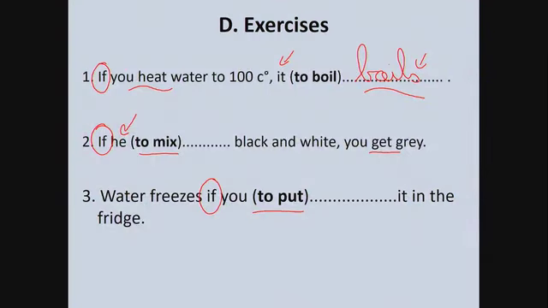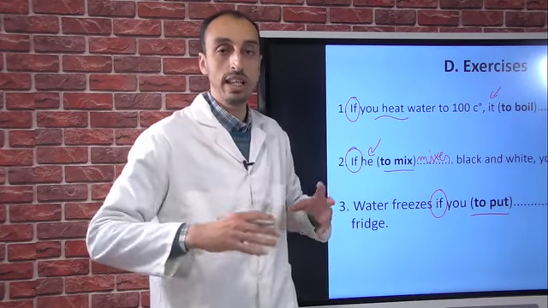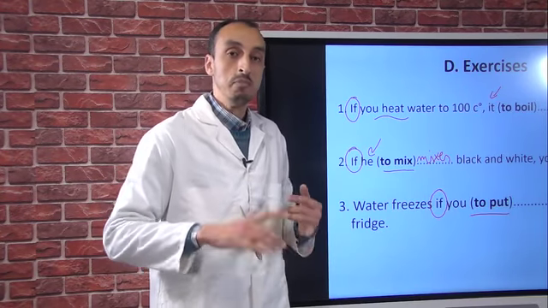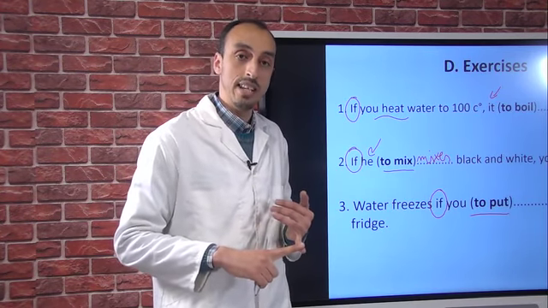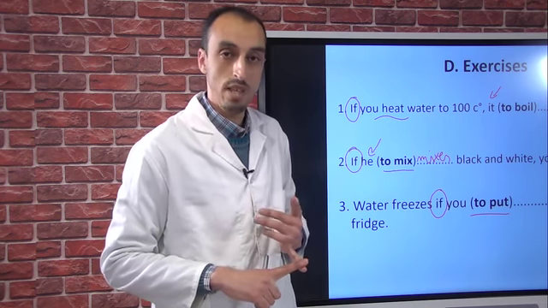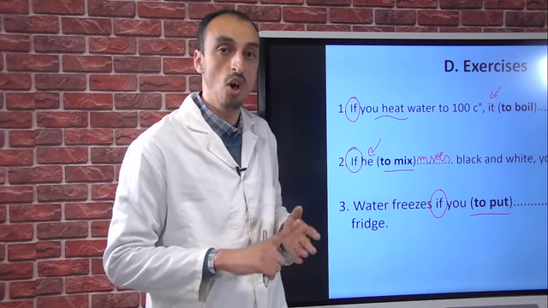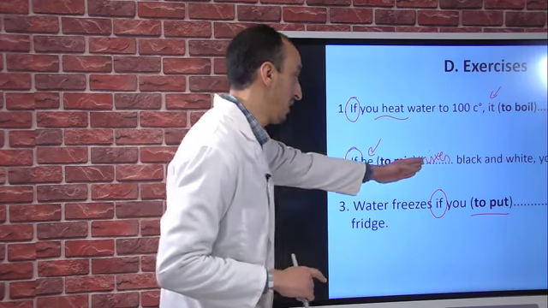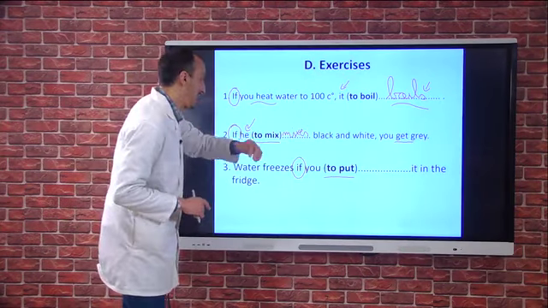If we conjugate the verb mix with the third person singular, of course we add an es. Usually in present simple, we add an s, but we add es in some cases, if the verb finishes with sh, ch, x, o.